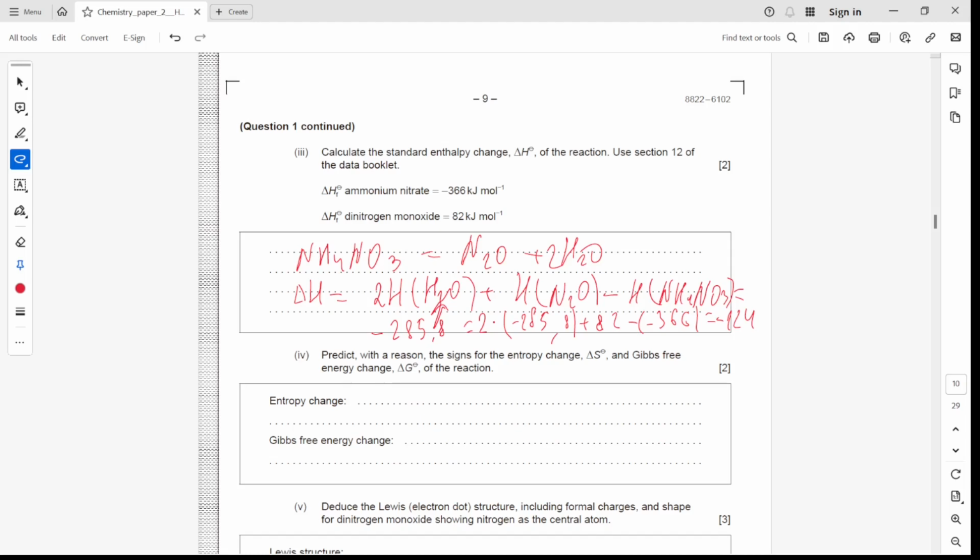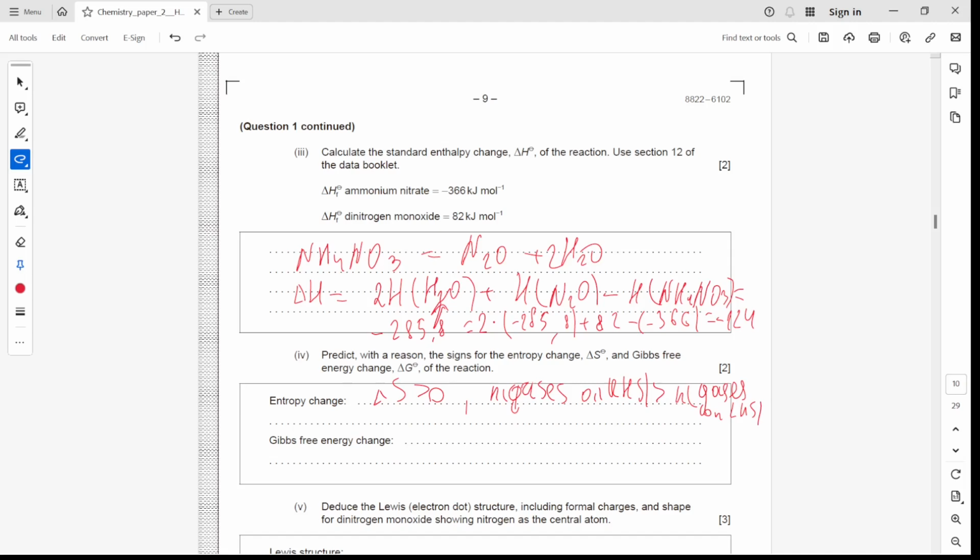So because on the right hand side we have one volume of gas and on the left hand side we have 0, the entropy change would be greater than 0, because the number of gases on the right hand side is greater than the number of gases on the left hand side.